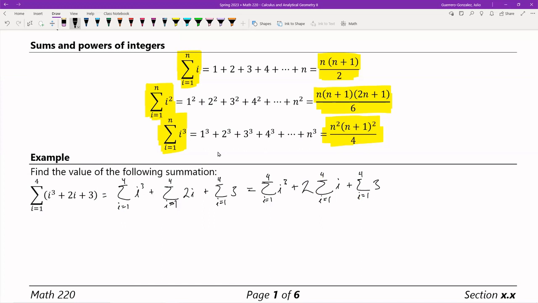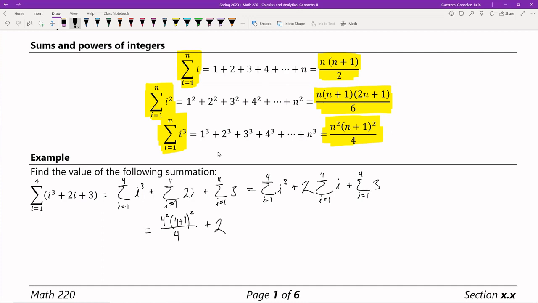Now this becomes a little simpler because they fit the equations that are up above it. Since I'm doing the i cubed one, and my n is 4 in this case, that very first summation adds up to 4 squared, 4 plus 1 squared, all over 4, plus 2.